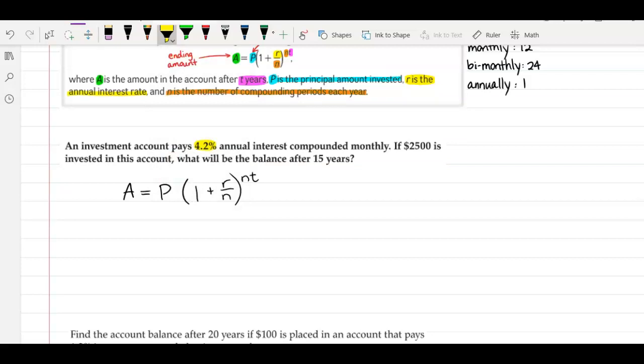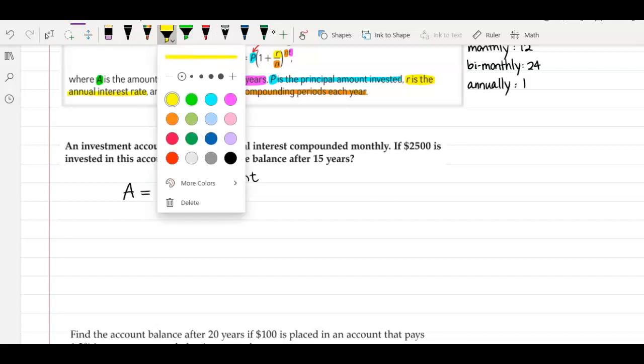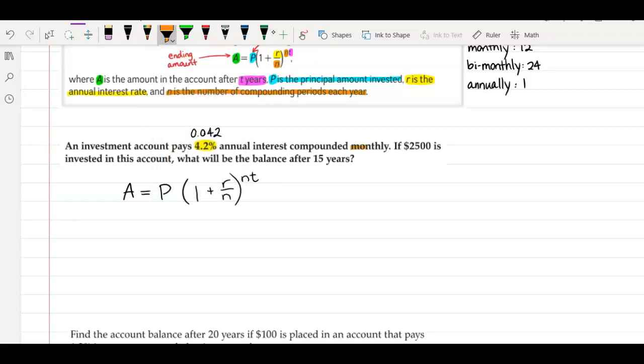That's the rate. Remember, we always write it as a decimal so that we don't have to use the percent sign. Compounded monthly. That's our next keyword. That means that N is going to equal 12. This was my rate. That's my monthly.